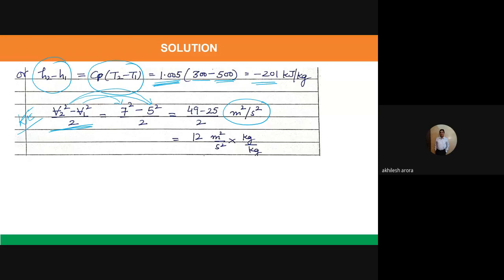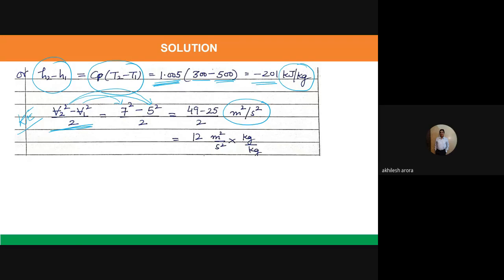So you cannot add both because they are not the same units. You can say one orange plus one orange is two oranges, but you cannot say one orange plus one apple is two oranges or two apples. So you can add similar things, but you cannot add meter square per second square to kilojoules per kg because they are not a consistent set of units.